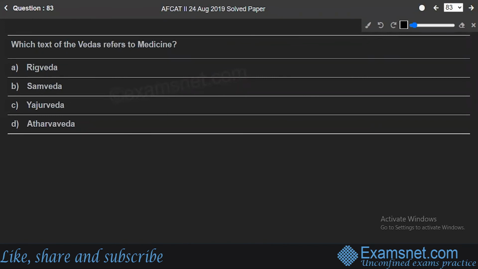Which text of Vedas refers to medicine? Rig Veda, Samaveda, Yajurveda, or Atharva Veda? See, here the word Atharvans means procedure for everyday life.